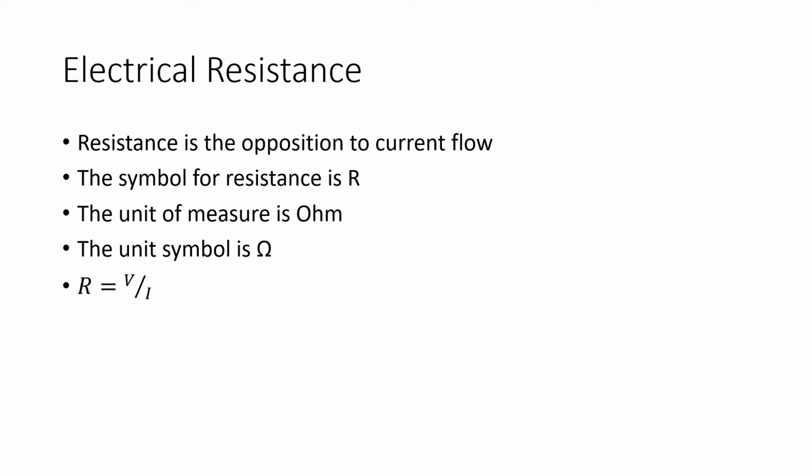Mathematically, R equals V over I. Resistance equals voltage over current. 1 ohm of resistance exists between 2 points if 1 volt of potential difference is across those 2 points and 1 amp of current flows through those 2 points.